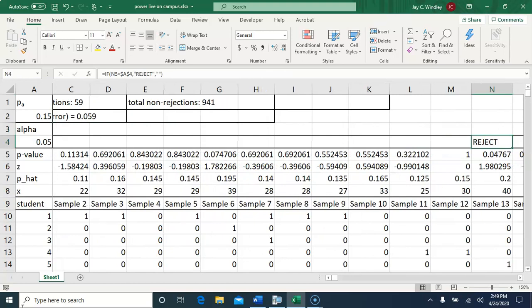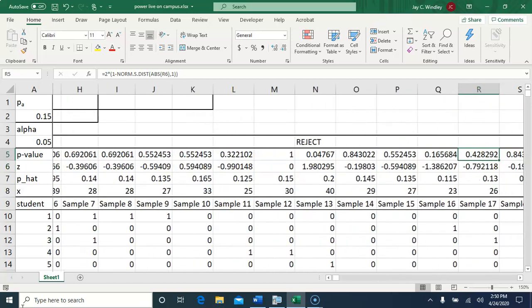So let's scroll over to here. This is the first example. So in this example here, we happened to get 40 students living on campus, which gave us a p-hat of 0.2, which gave us a z of 1.98, which led to a very small p-value, a p-value that was smaller than 0.05, so we reject.